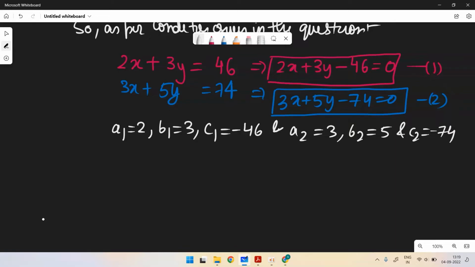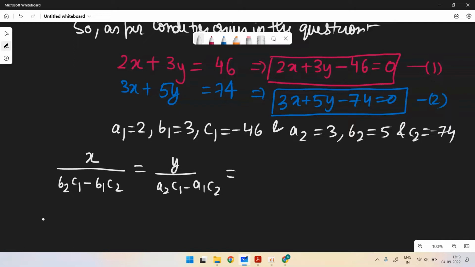As per the formula, x by b2 c1 minus b1 c2 equal to minus y by a2 c1 minus a1 c2 equal to 1 by a2 b1 minus a1 b2.